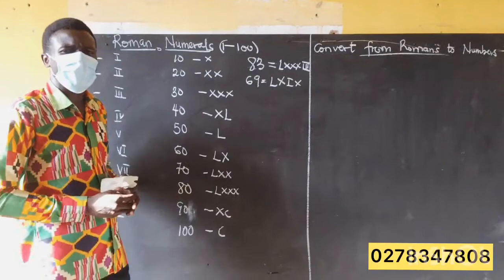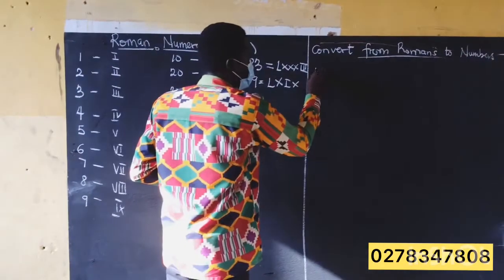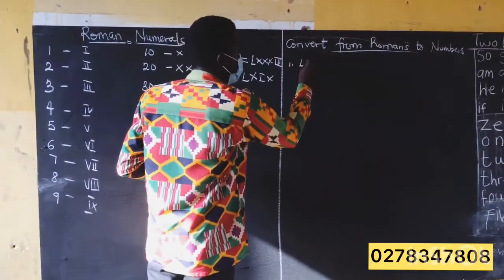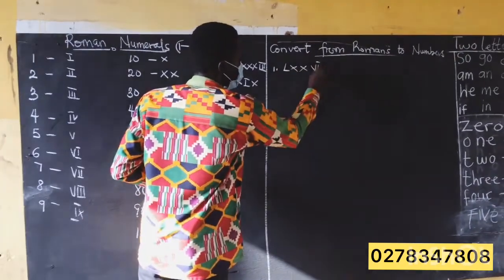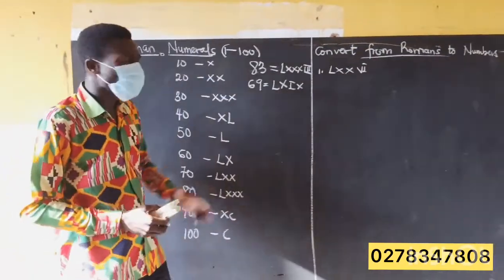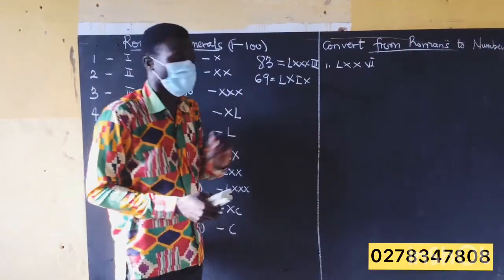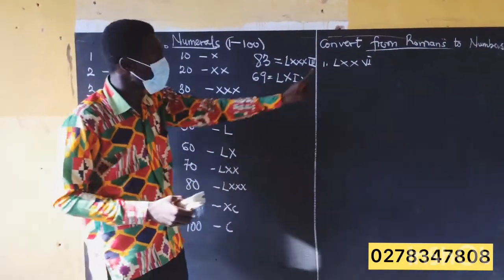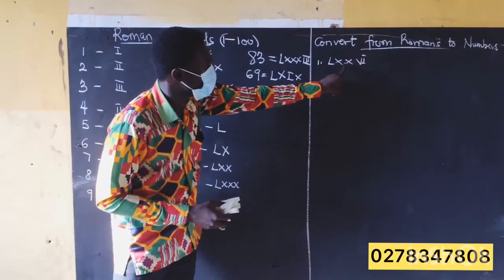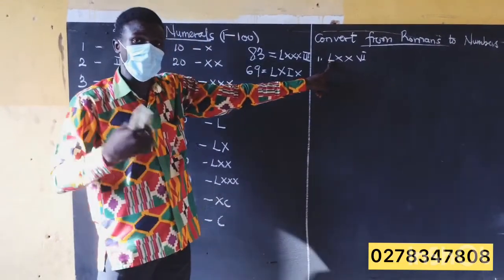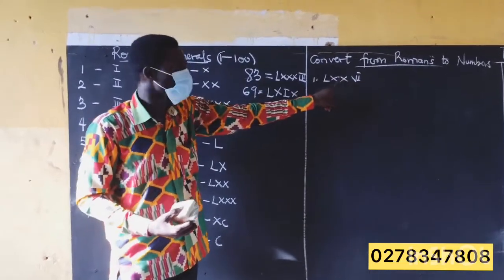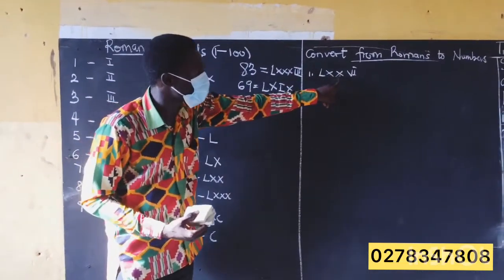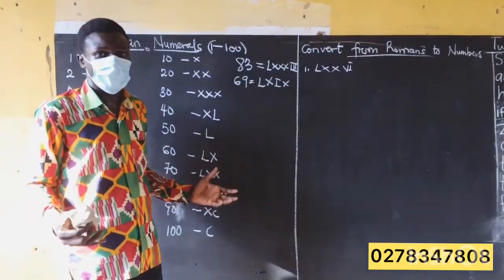Now, let's say they've given us a Roman numeral, like LXXVI. When I look at this LXX carefully, L is for 50, X is 10, X is 10. So 50 plus 10 plus 10 gives us 70.